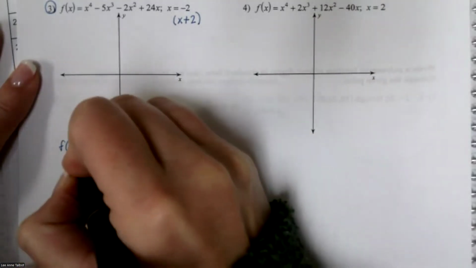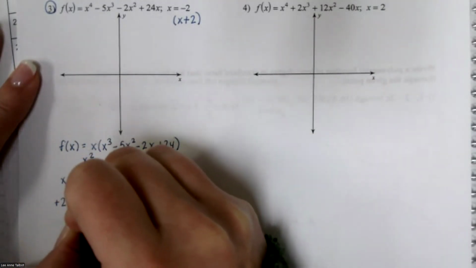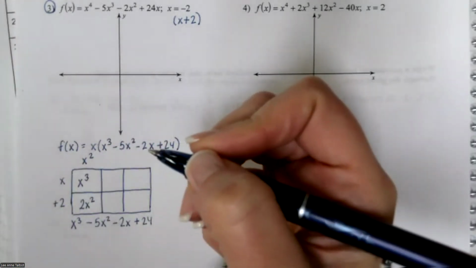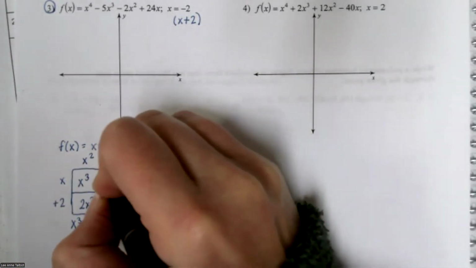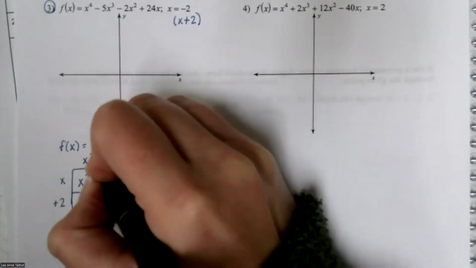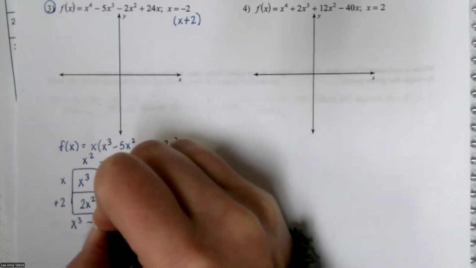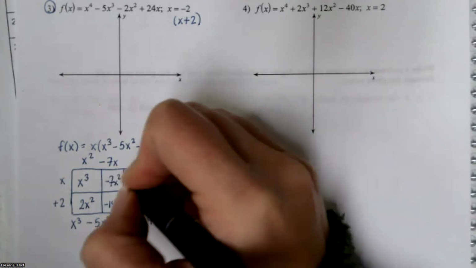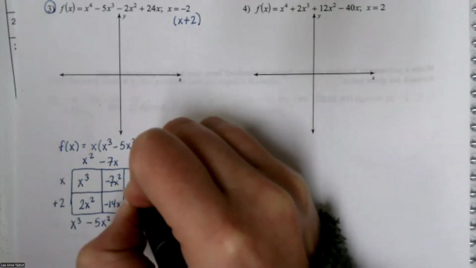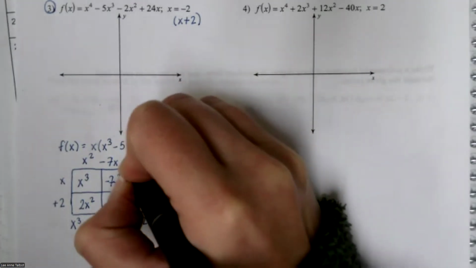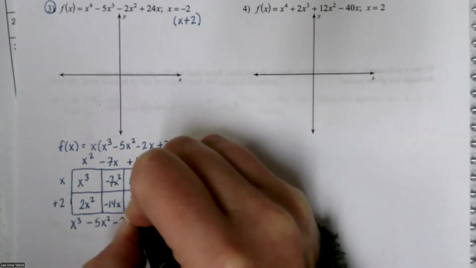X cubed, x squared, 2x squared, negative 7, negative 7x, negative 14x, 12x, 24.